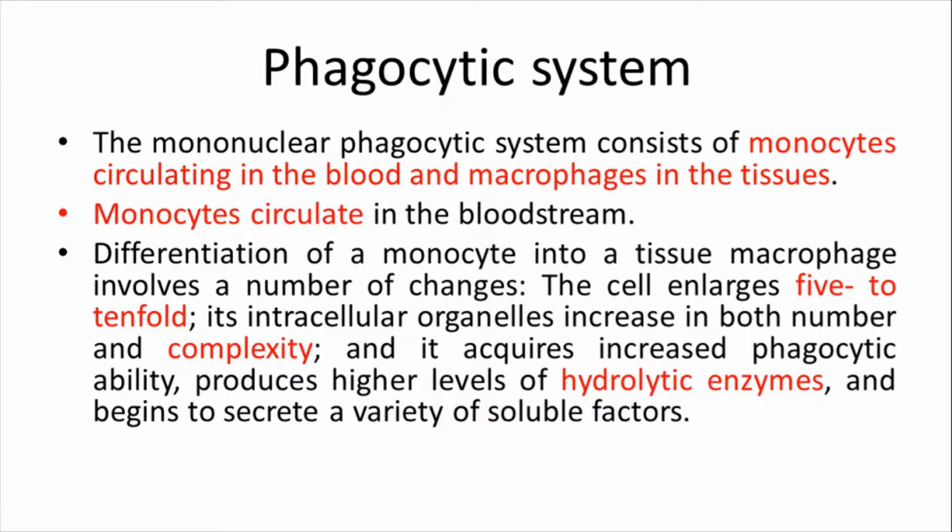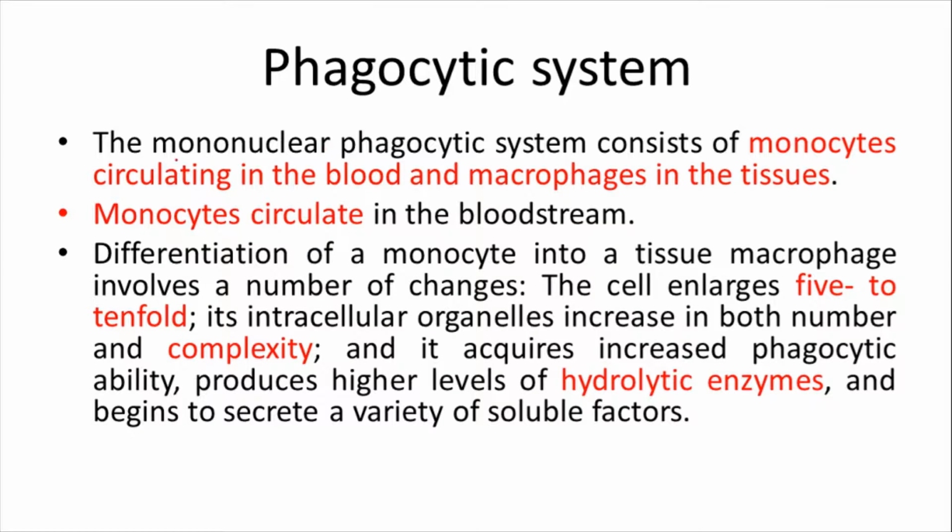You know very well the mononuclear phagocytic system. Mononuclear phagocytic system means the cells involved in the phagocytic process are called a phagocytic system, like neutrophils, basophils, and the beautiful macrophages. So these are collectively called the phagocytic system.